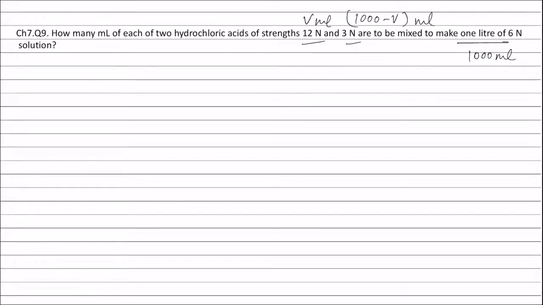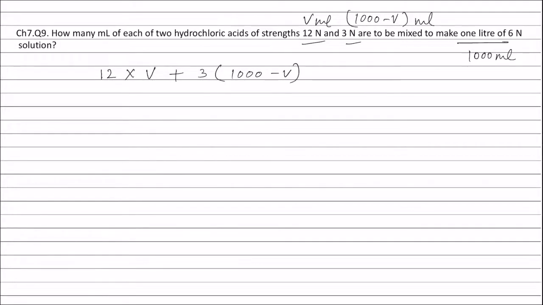Now multiplying normality and volume gives number of equivalents. But if the volume is in milliliters, then normality into volume in milliliters will give number of milliequivalents. Therefore, we can write 12 into V. This gives the milliequivalents of the hydrochloric acid of strength 12N, plus 3 into (1000 minus V).